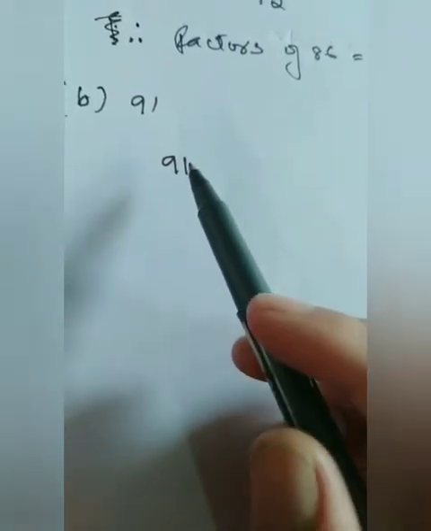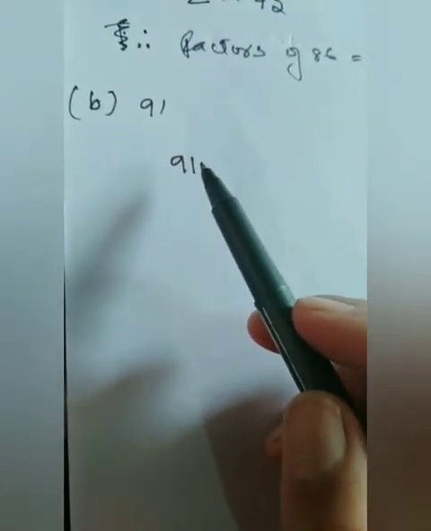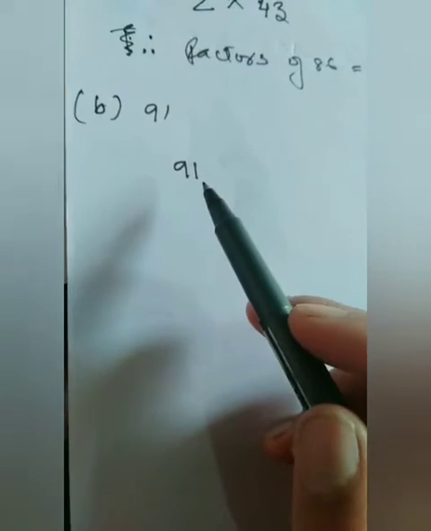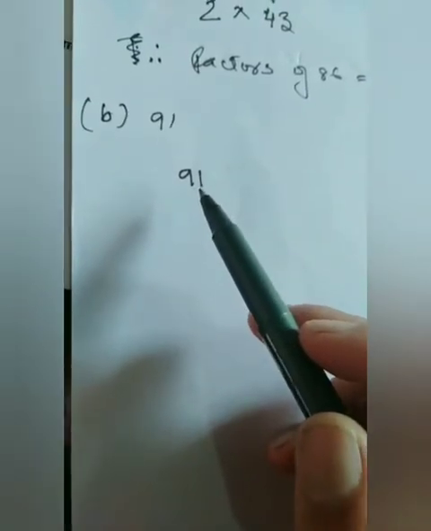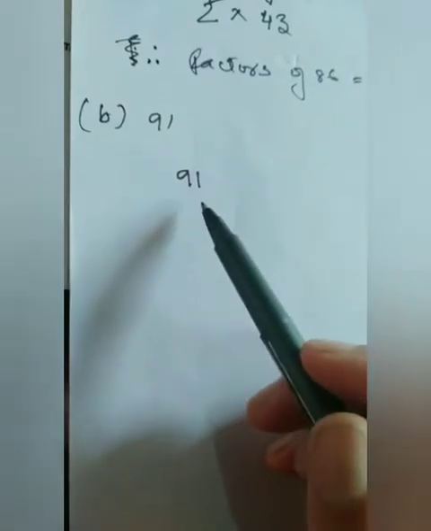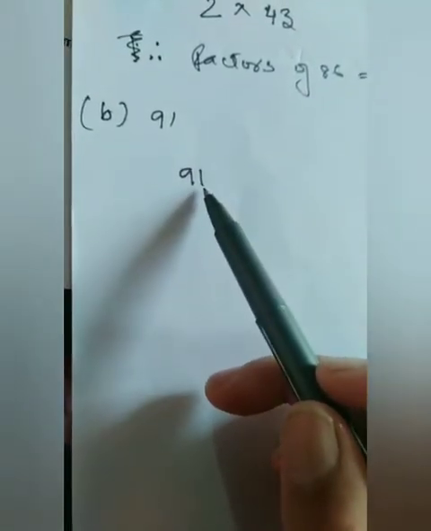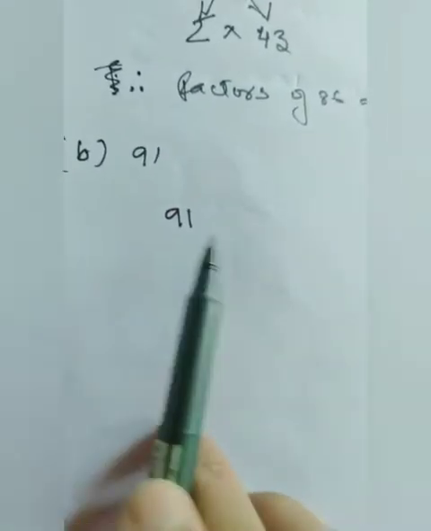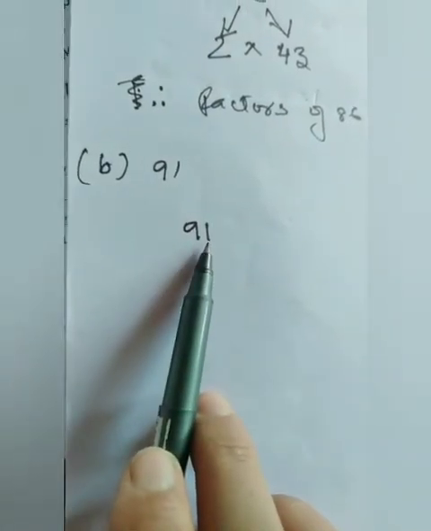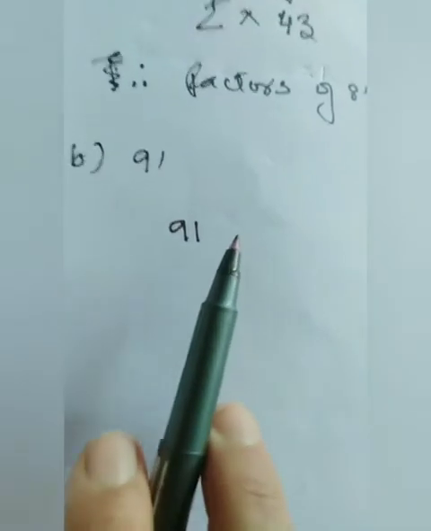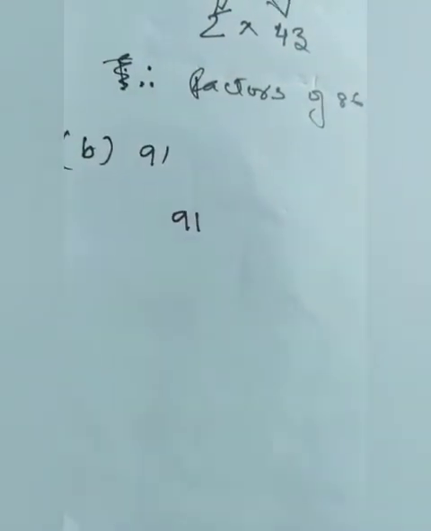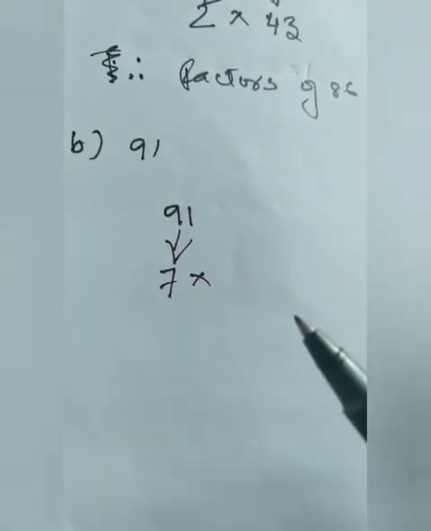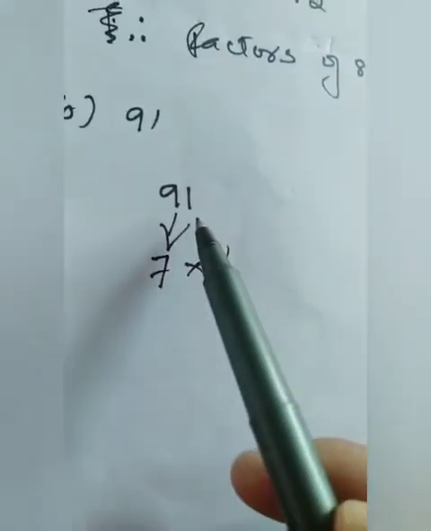What was the divisibility test of 3? 9 plus 1 is 10, so it is not divisible by 3, so no. 4, no. 5, no. 6 also not. Let's check with 7. You can also divide and see. 7 into 13 is 91.